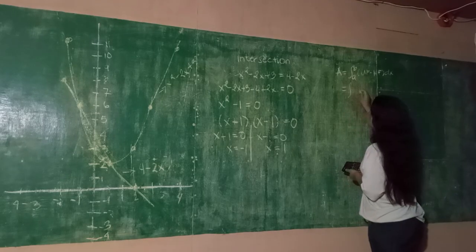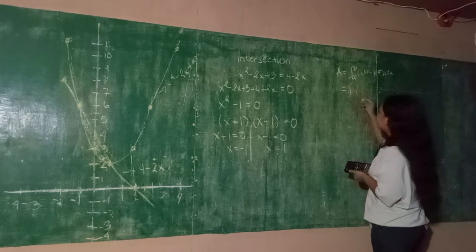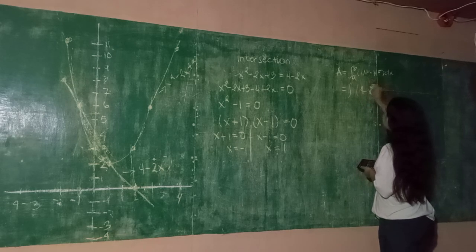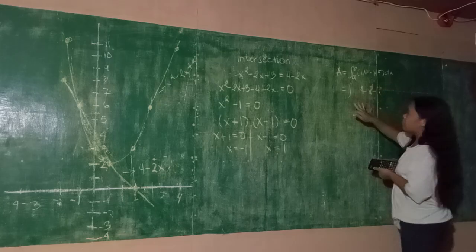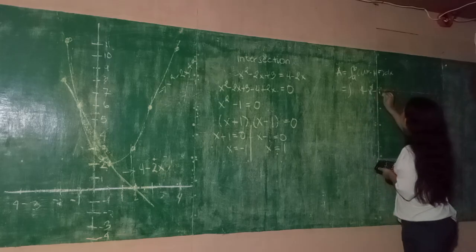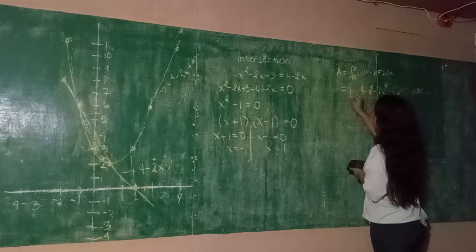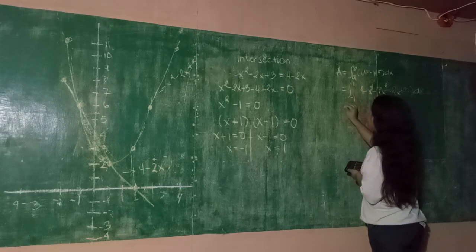So, integral of our upper function is 4 minus x squared, then minus the lower function, which is x squared minus 2x plus 3 dx, integrated from negative 1 to 1.